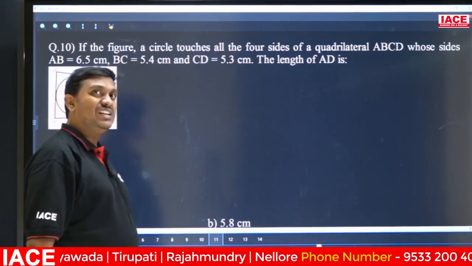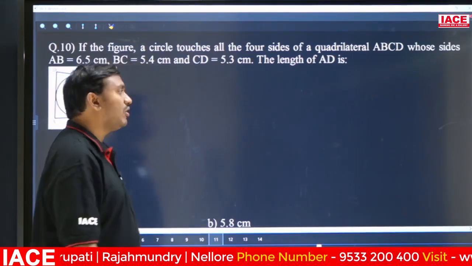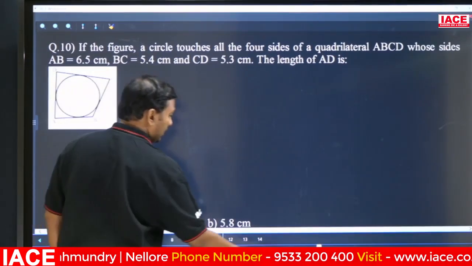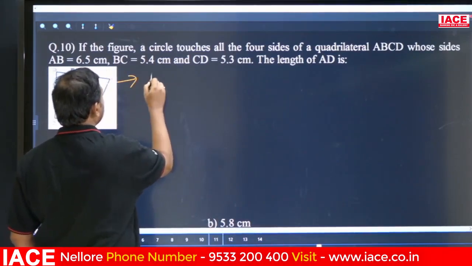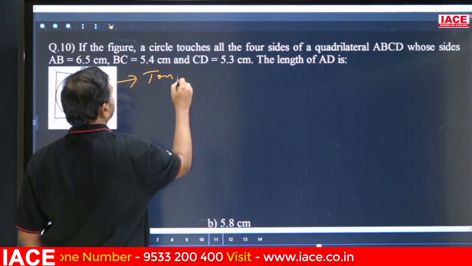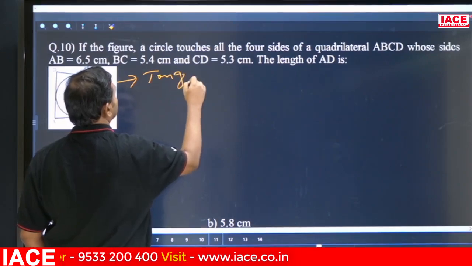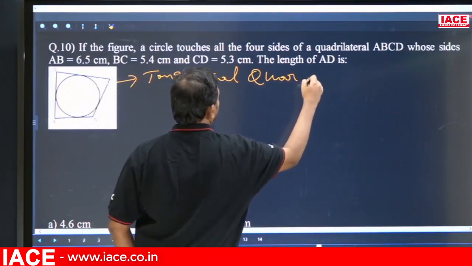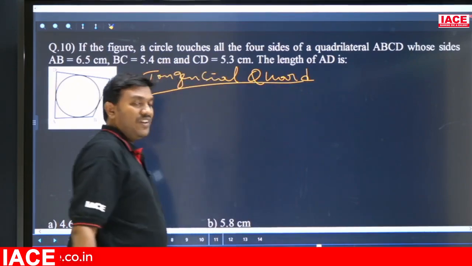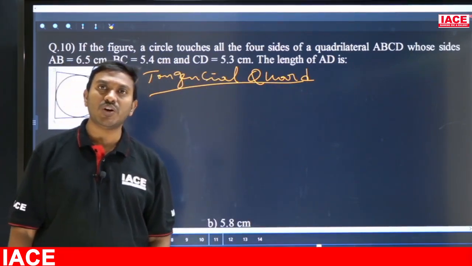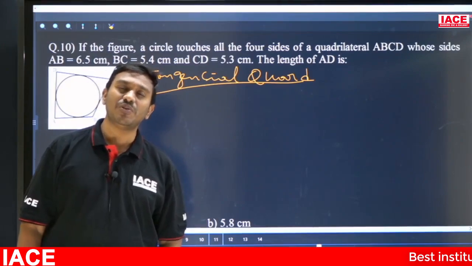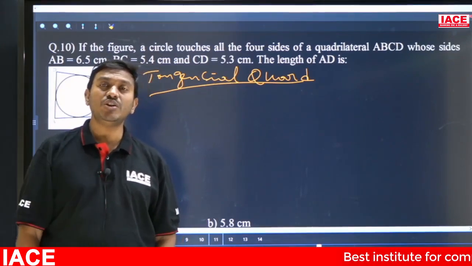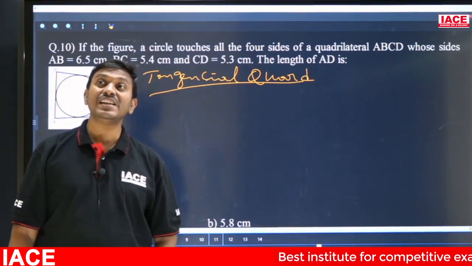If an incircle is drawn in a quadrilateral, then that quadrilateral we call a tangential quadrilateral. Similarly, if a circumcircle is drawn to a quadrilateral, that quadrilateral we call a cyclic quadrilateral.